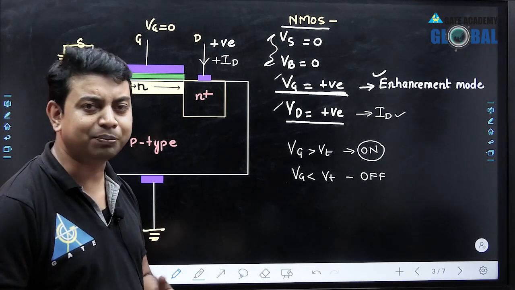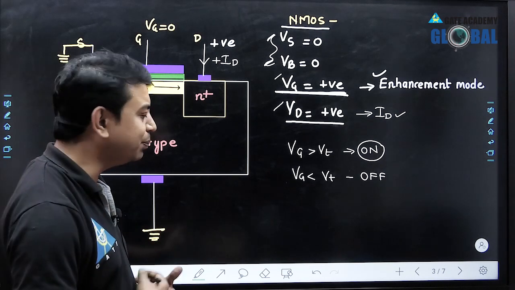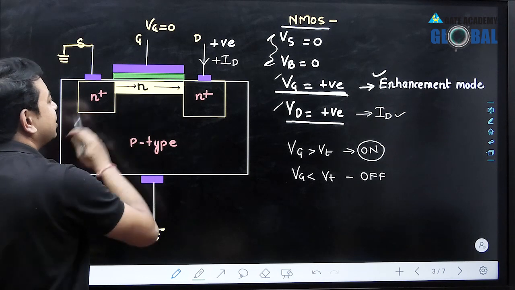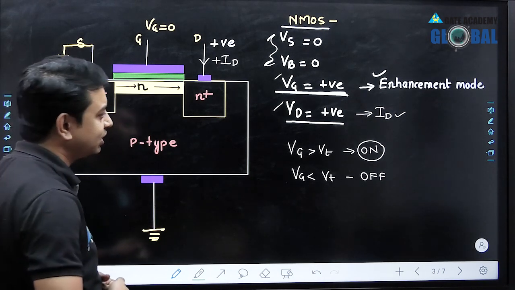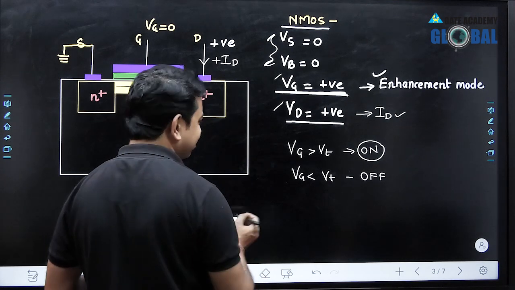Sir, we are not depleting the channel because always we are creating the channel. No, we can deplete the channel whenever we already have a physical construction of the channel. Depleting the channel means we are reducing the width of the channel.